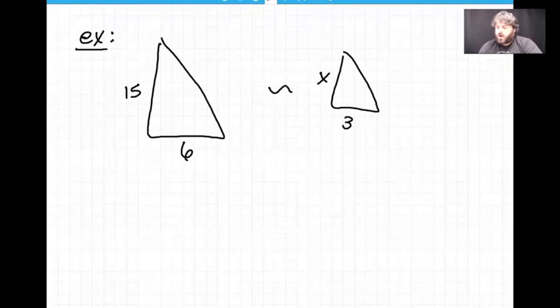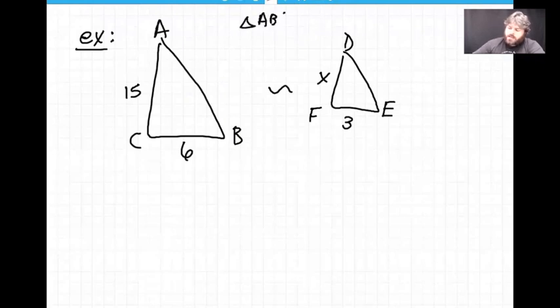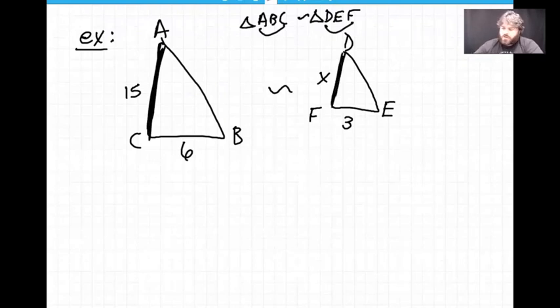Okay, so let's say this is A, B, C, and this is D, E, F. So if triangle ABC is similar to triangle DEF, I want to find X. Okay, well, first of all, we know AC. And AC is the first and last letter of that statement, so that means it should be paired up with the DF, which is that X.